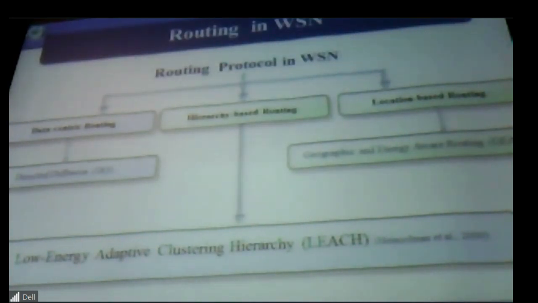My study comes from hierarchy routing, specializing in the low-energy adaptive clustering hierarchy, LEACH. I will explain some about this protocol. LEACH is the most recommended protocol in wireless sensor networks.